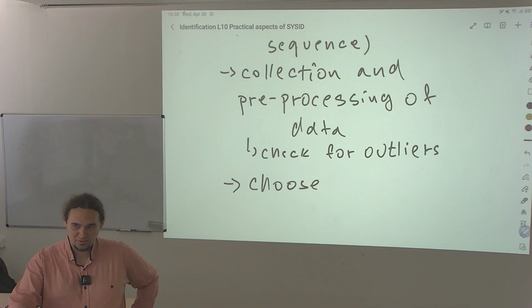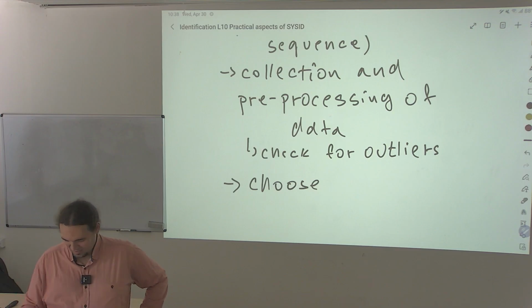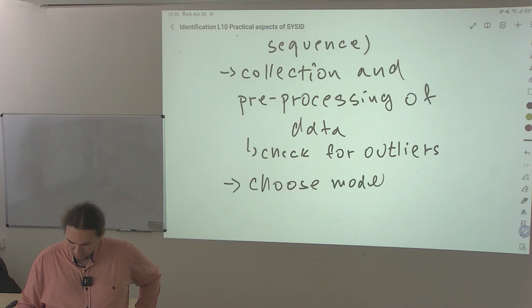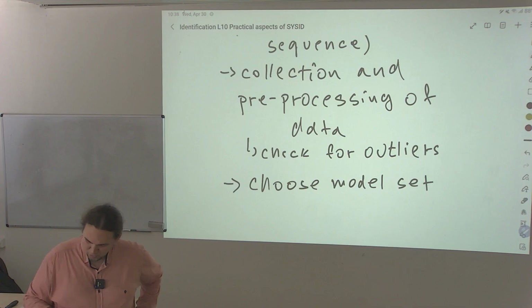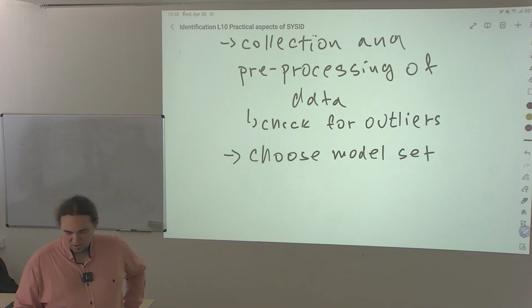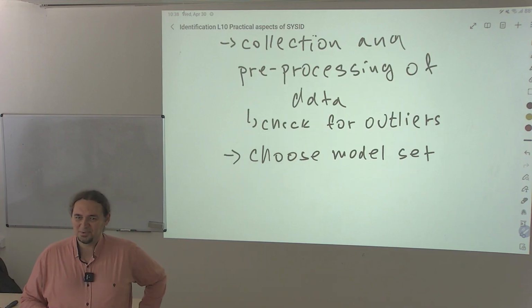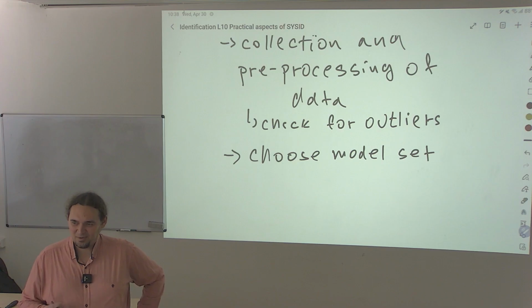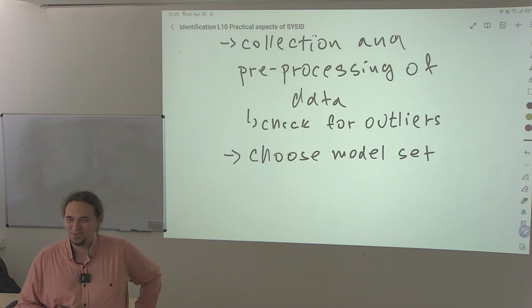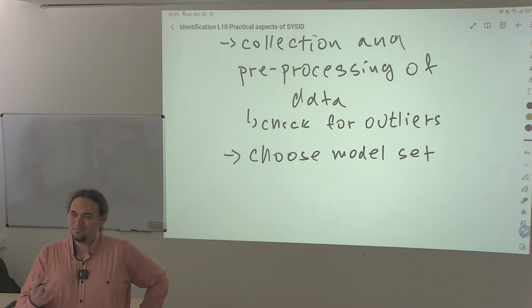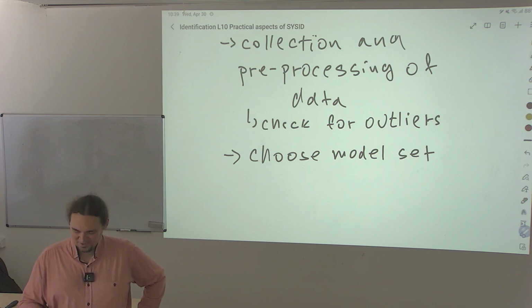Yeah, we had this training, validation, and testing data. So let's maybe call it choose model set. What do we need to decide? What is the quality of the model? What are the features and characteristics of the model?